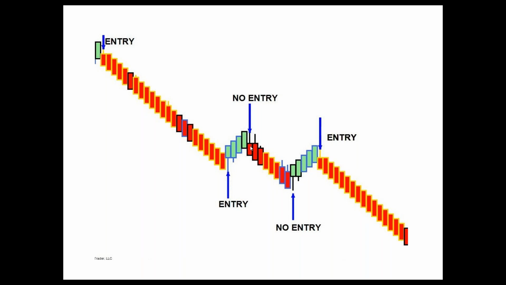Now this short entry has no gold halo, and even though it works, we're not going to get every winner. And I don't want to start talking about numbers again, but when you trade with specificity, your goal in day trading or swing trading is not to get every winner.